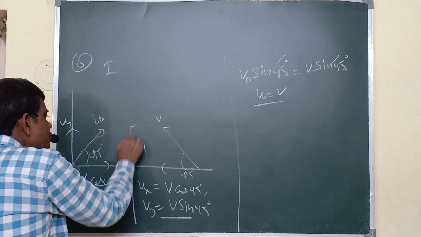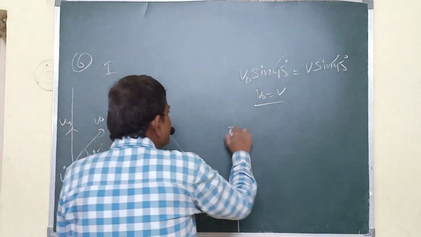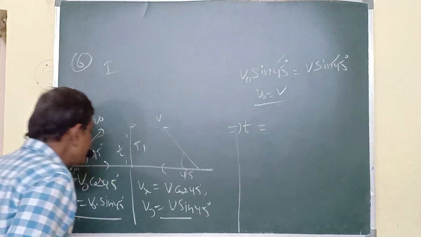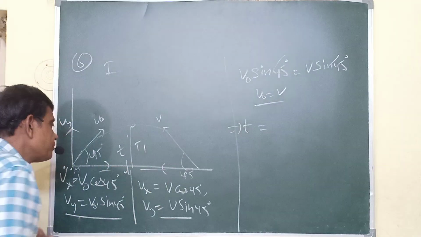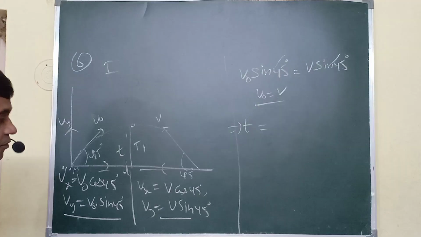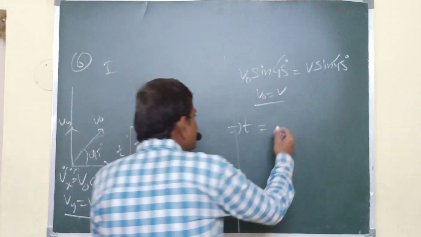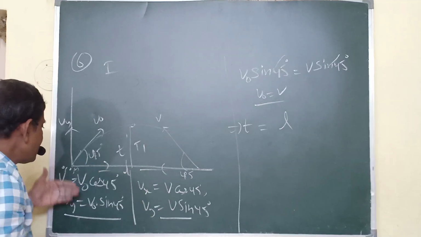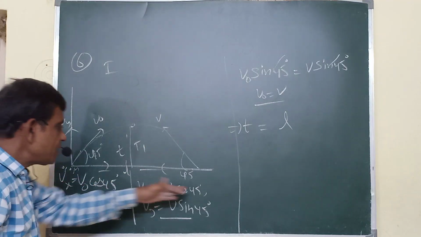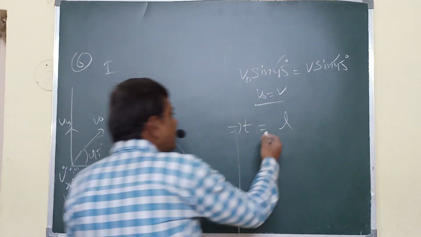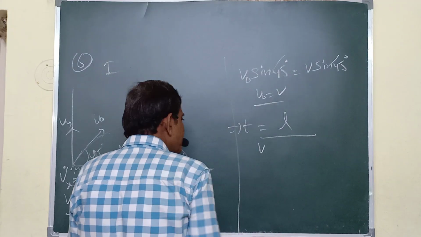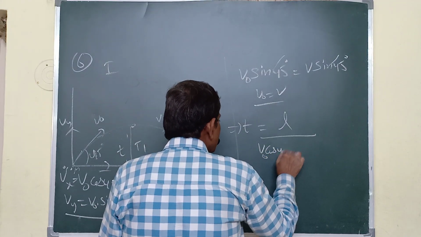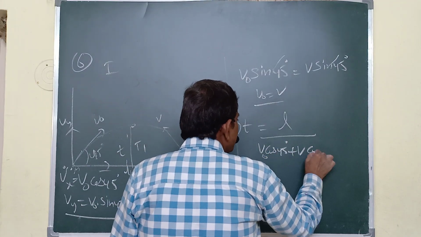After time t, these two meet. What is the formula for time to meet? This distance is given as L. Time equals distance by relative velocity. The horizontal distance is L, and the horizontal relative velocity is V0 cos 45 plus V cos 45.